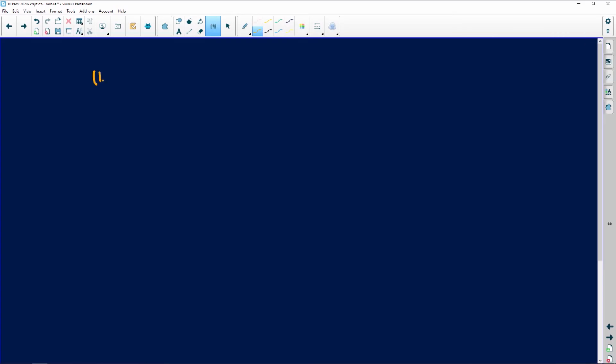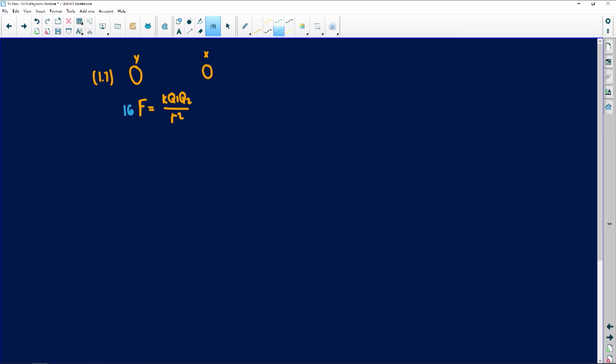Let's look at 1.7. Remember, we've got this one, which is y, and we've got another one here, which is x. The electrostatic force F is equal to k Q1 Q2 over the distance between their centers squared. Now I am told that the force becomes 16F.